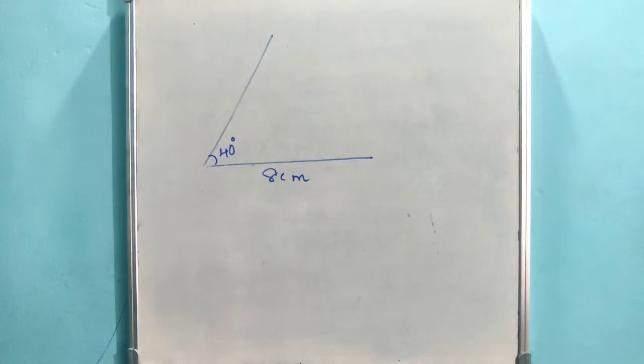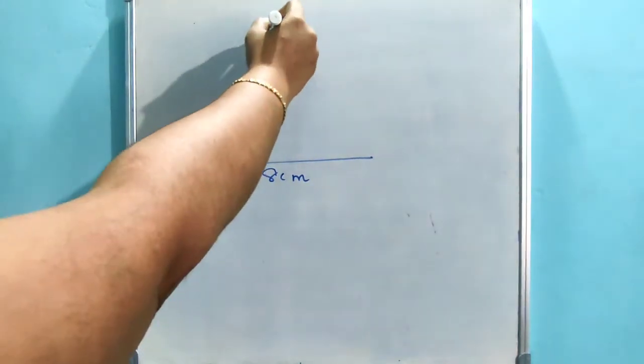Then what should be the minimum length of the side opposite to this angle?